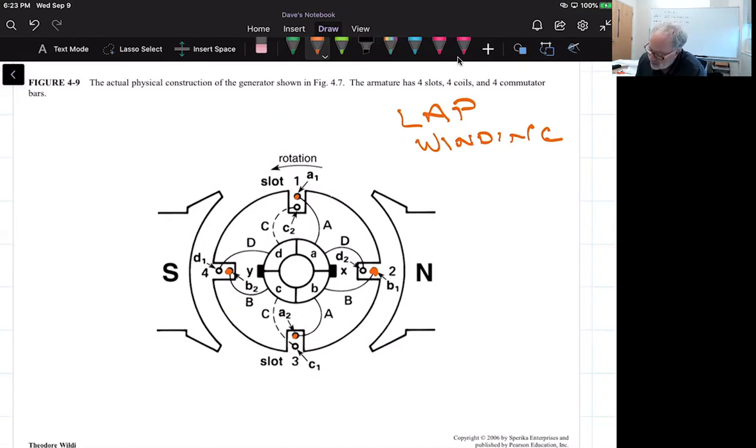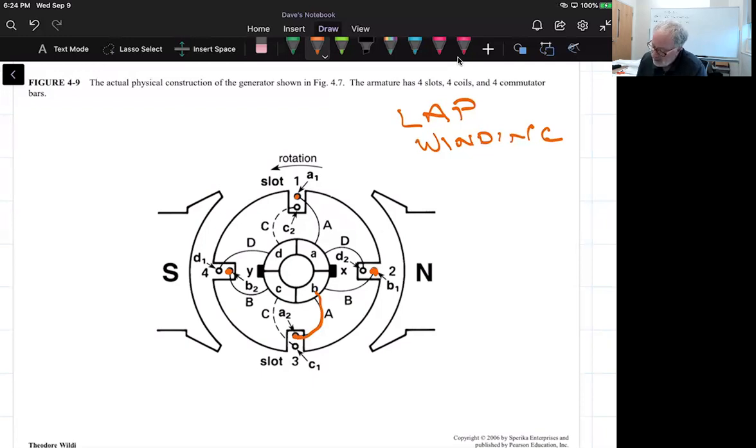It also shows us on here that this side of coil A is connected to a commutator segment that we're calling A, and this side of coil A here is connected to a commutator segment that we call B.